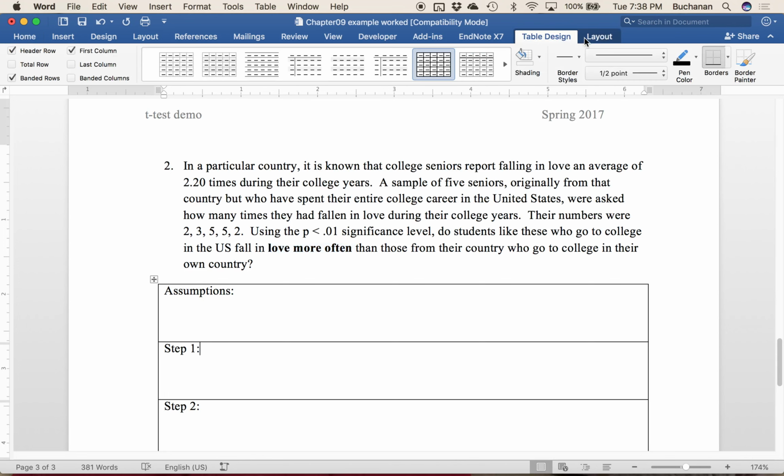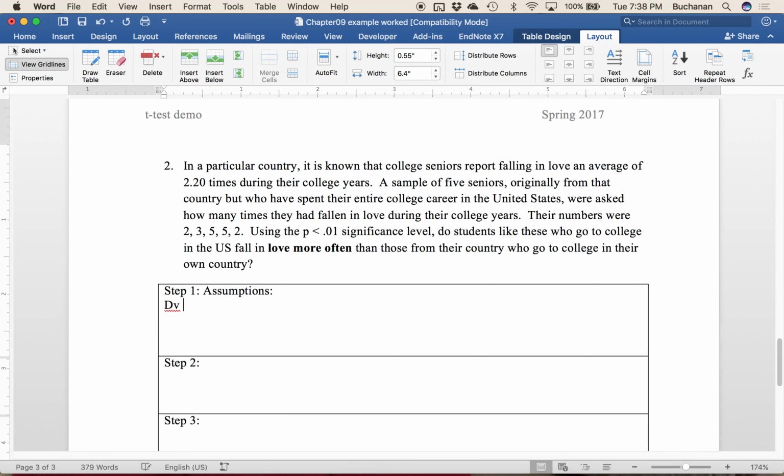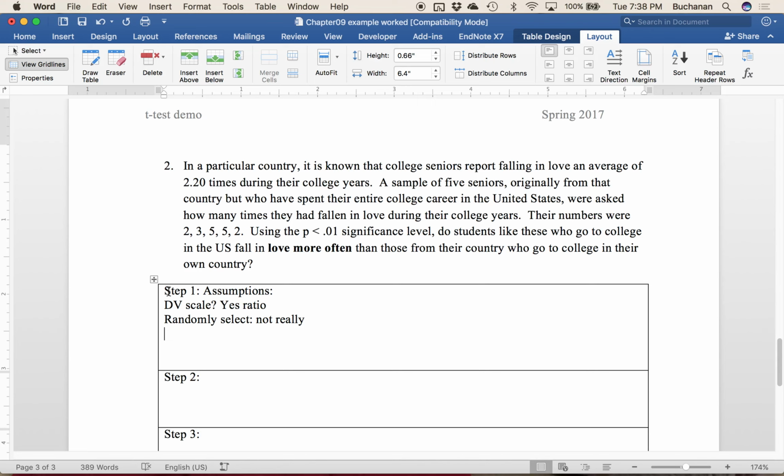So for our assumptions here, let's get rid of this thing, because this is step 1. Is the DV scale? Yeah, I mean, you could fall in love no times. Can we randomly select? Probably not, because it's not really cool for schools to give up the names of their students.